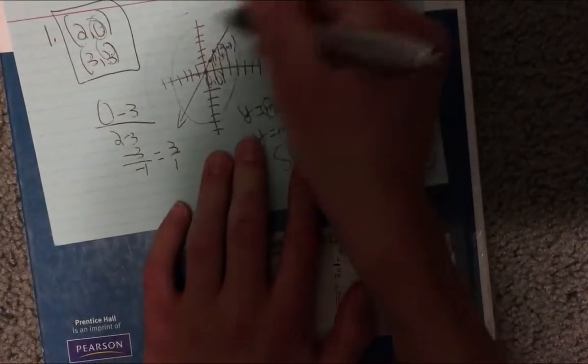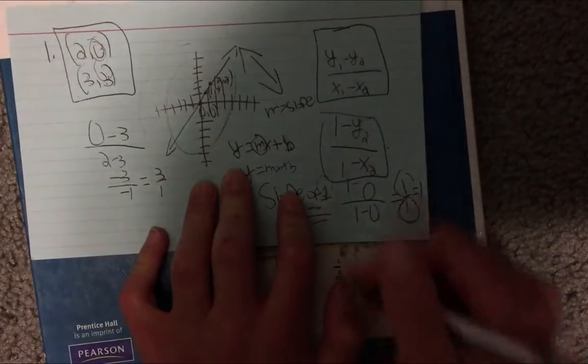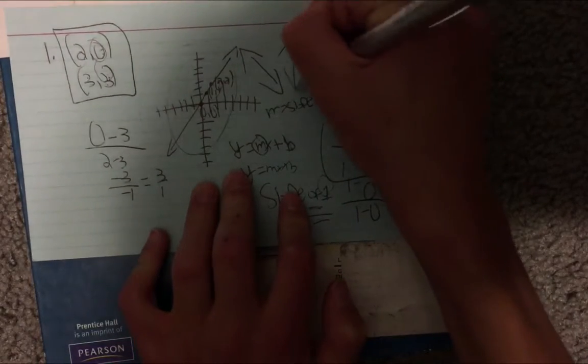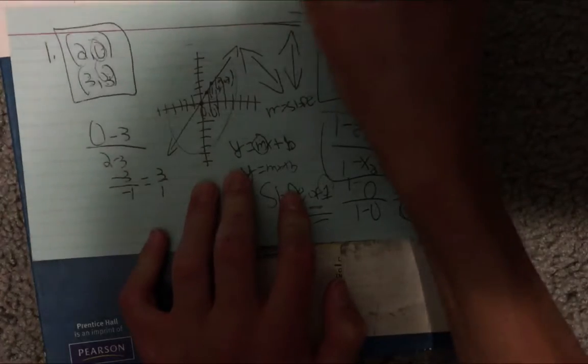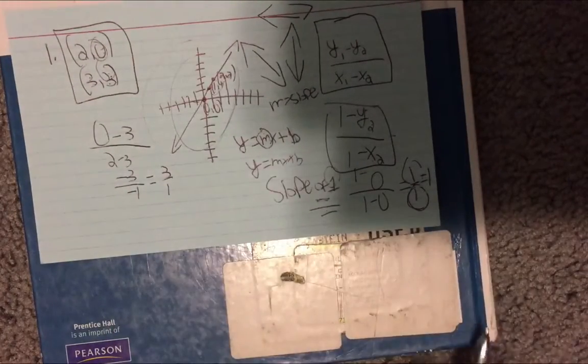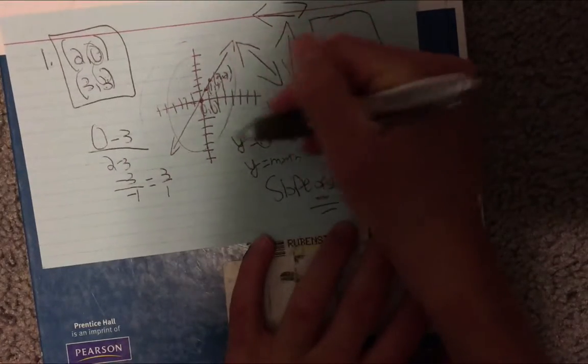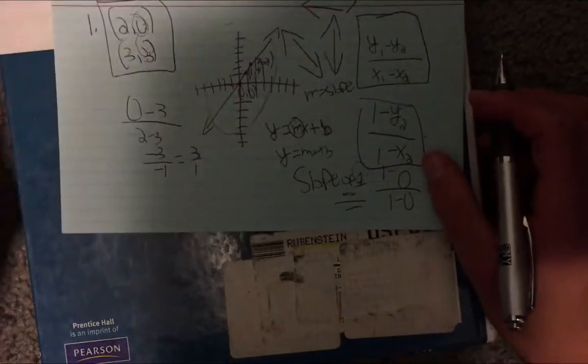Because your line, this is a positive line. This is a negative line. This is a vertical line. And this is a horizontal line. So, you have just been taught how to find the slope through a graph and through points.